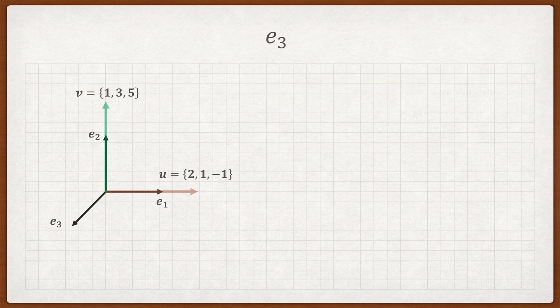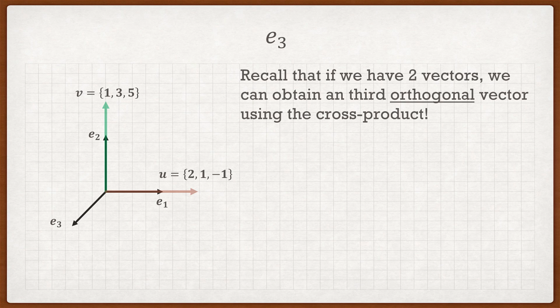So the question becomes, okay, well, we have E1 and E2, but how do we get that third vector? Because the question was very nice in that it related vectors u and v to the basis vectors E1 and E2. So now we're going to have to look at the second property, or I guess the first property I listed, and that is the vectors in an orthonormal basis set are all perpendicular to each other.